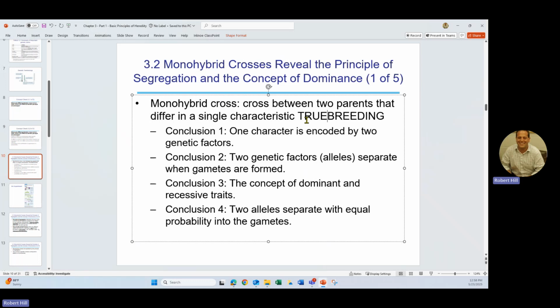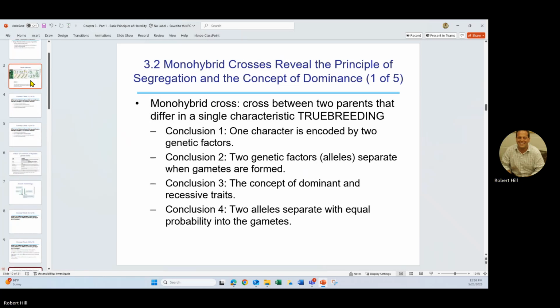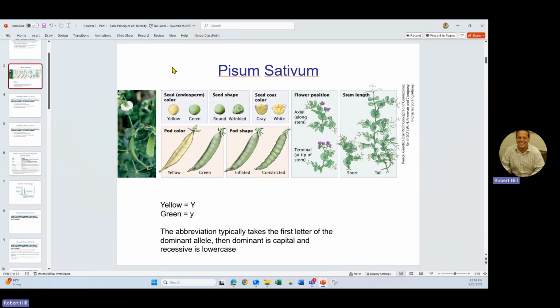Okay. So what Mendel did to do his monohybrid cross is he took two true breeding parents that were different for the same gene, had different alleles. For example, he took a parent that was true breeding for yellow and a parent that was true breeding for green, and he crossed them together. What does that mean if they're true breeding?